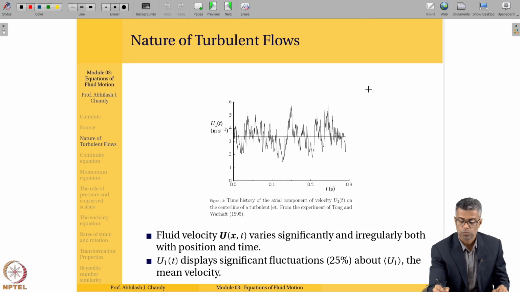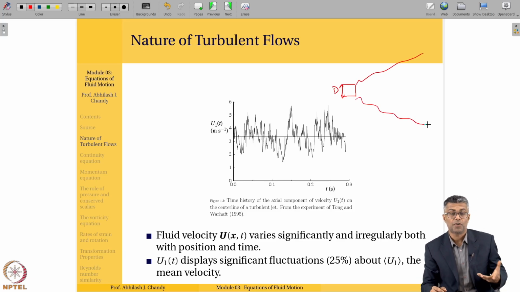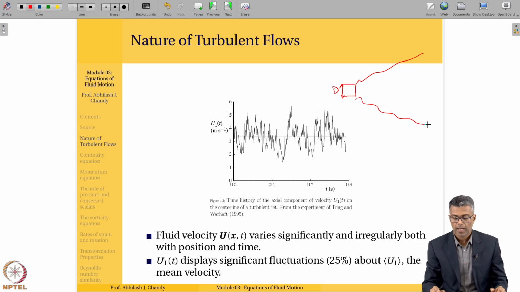I mean, if I have some kind of a nozzle, and let's say it has a diameter d, then the turbulent jet will look like this. If it is a turbulent jet, it won't have well-defined edges. It will be irregular, it will be slightly chaotic, and so on.